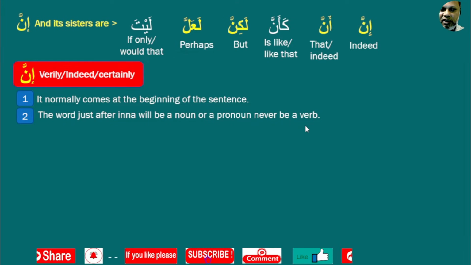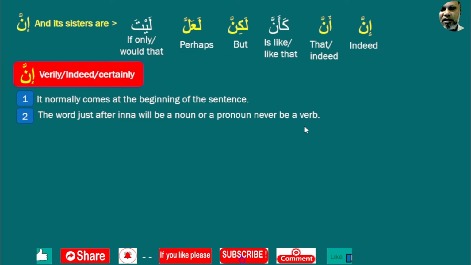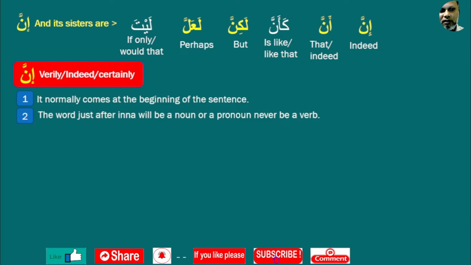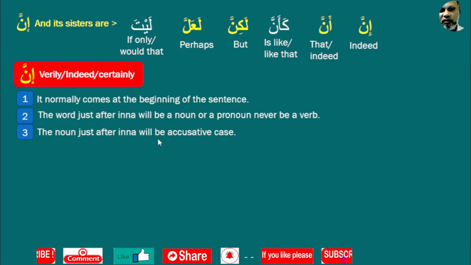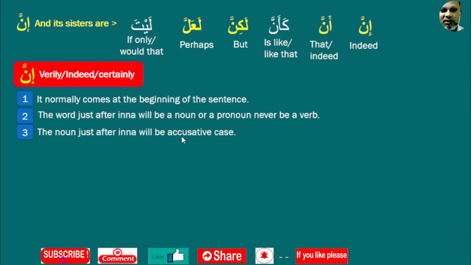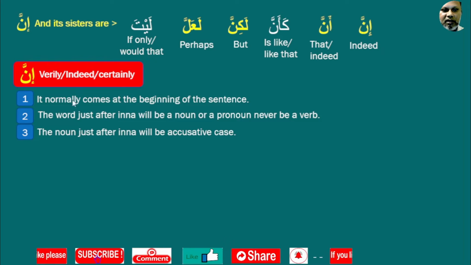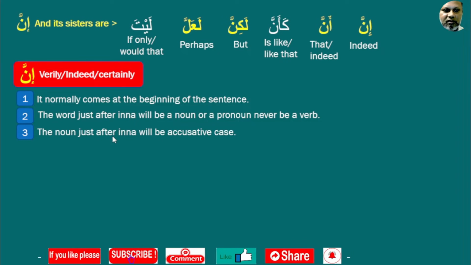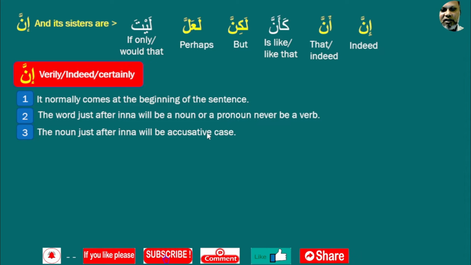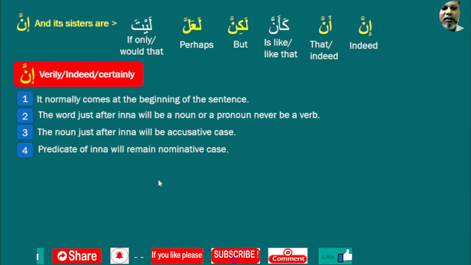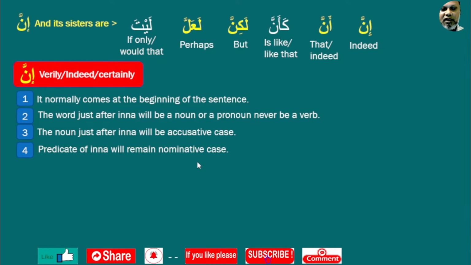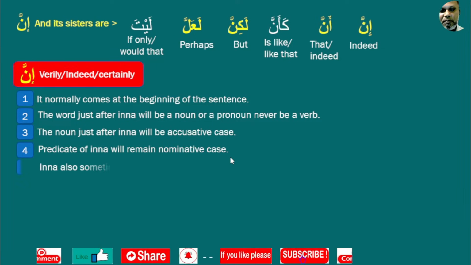That means after inna a verb cannot come. Number three, the noun just after inna will be in the accusative case. This is the main role of inna, that it makes the next noun accusative, or in a state of nasab. And fourth, the predicate of inna will be in the nominative case.